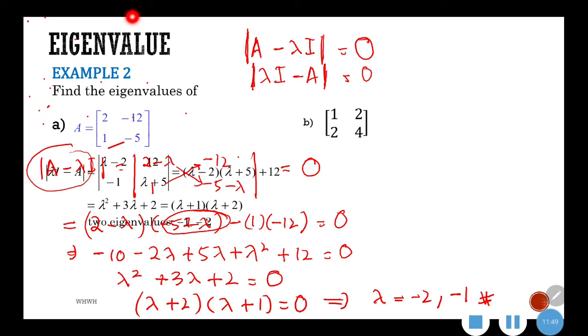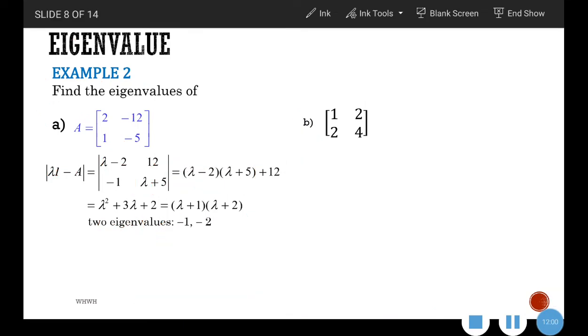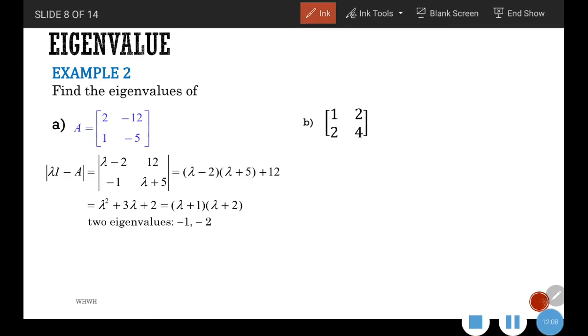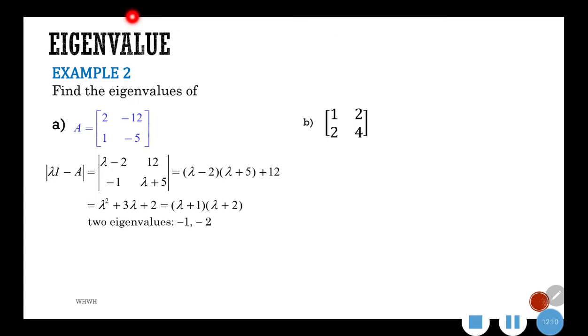Okay, before we proceed to find the eigenvector, you may try, let us try to find this one, the B one. Okay, let's try to find B. Can you see this? The one I said was not clear earlier. Okay, for B, this is our matrix A. So lambda times the identity matrix will be lambda, 0, 0, lambda.